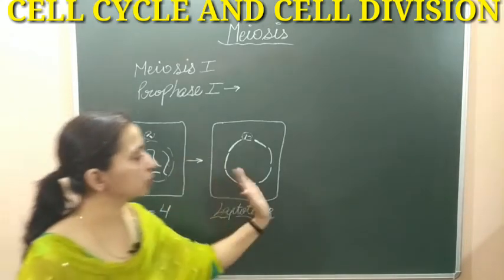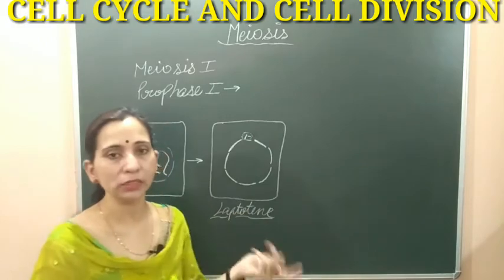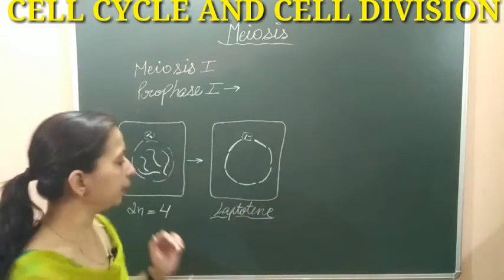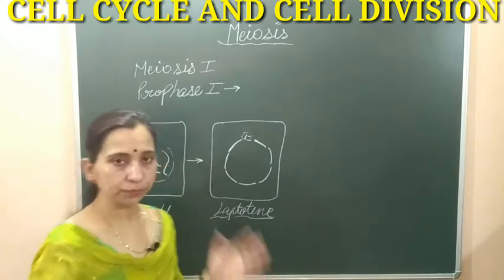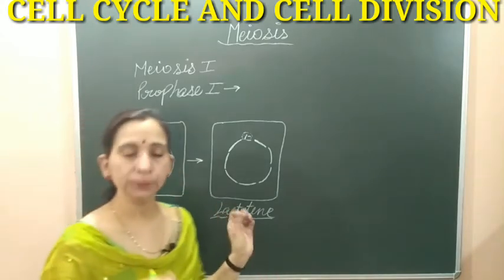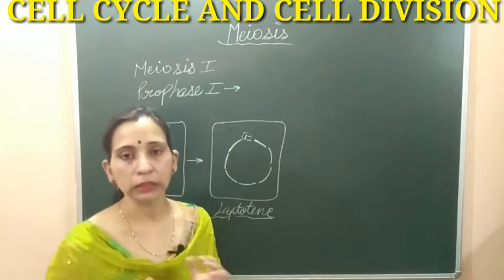When this diploid cell with 4 chromosomes enters the leptotene stage, these chromatin fibers start condensation.